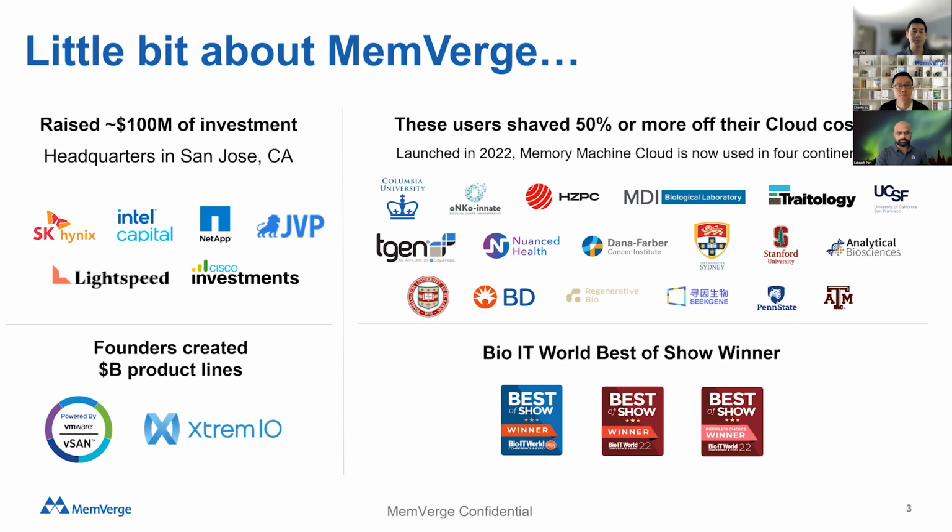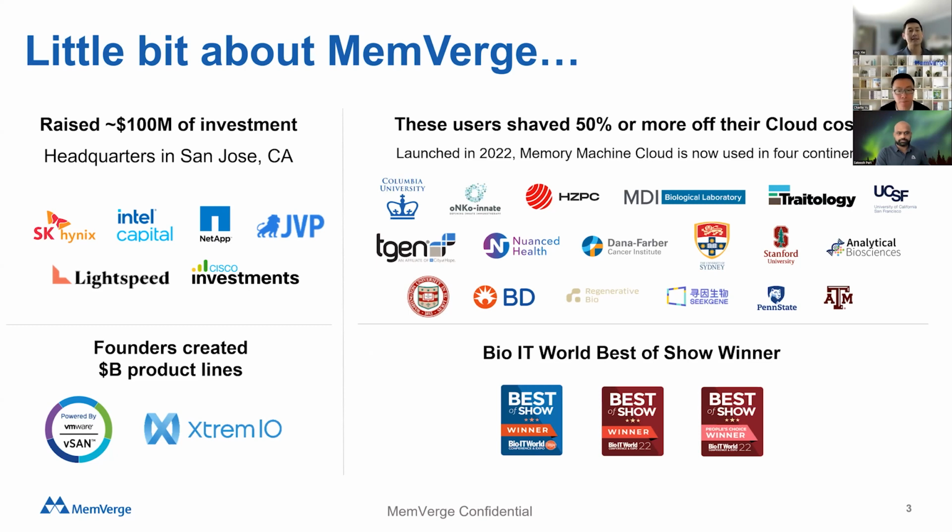A few years in, we realized that this ability to checkpoint memory could be really, really useful if applied to the cloud, and enable people who need to use the cloud for scientific research to be able to use the cloud in a much more cost-effective way.